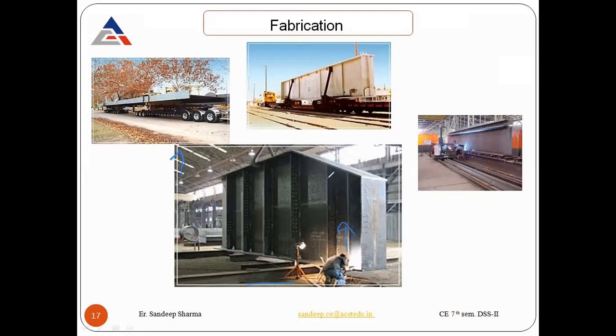First we have to design this section and then we have to fabricate all of it. We have to join with different connections, bolted as well as welded. Here you can see the fabrication work and how we can transport these heavy rolled steel sections from one place to another with the help of heavy vehicles.